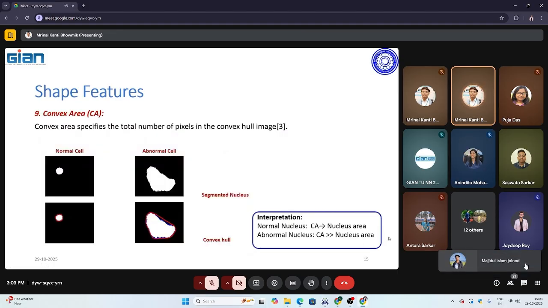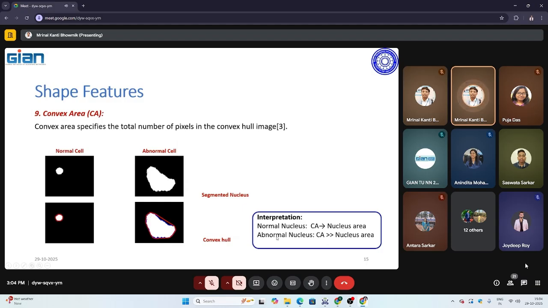Next is convex area. Convex area is the area of the convex hull enclosing the nucleus. Suppose you imagine stretching a rubber band to cover the whole nucleus area. Then the area inside this band, bounded by the outermost boundary points of the nucleus, is called the convex area.